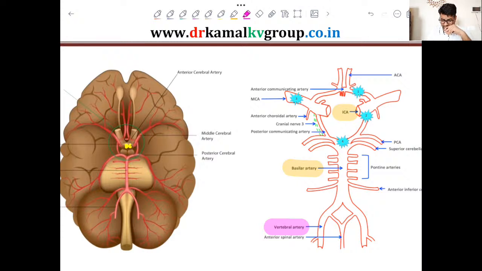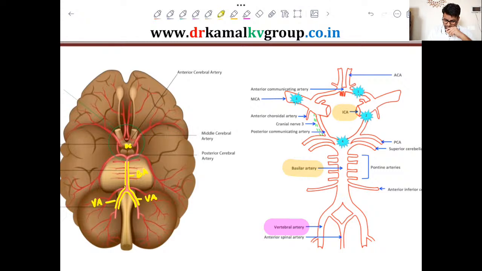Now from this basilar artery, if I show you in the image, this is the basilar artery, and you can see these are the two vertebral arteries. The two vertebral arteries join to form the basilar artery. From this basilar artery, there is origin of two posterior cerebral arteries, right?